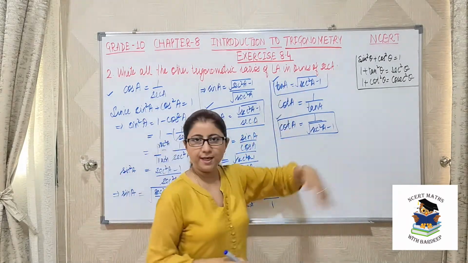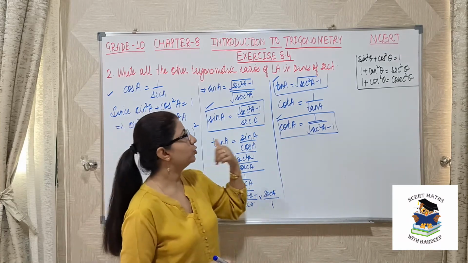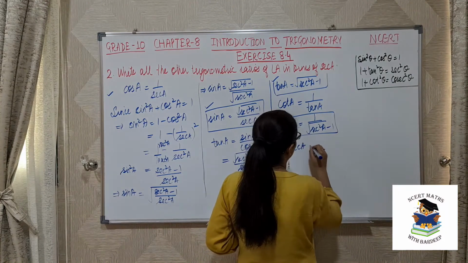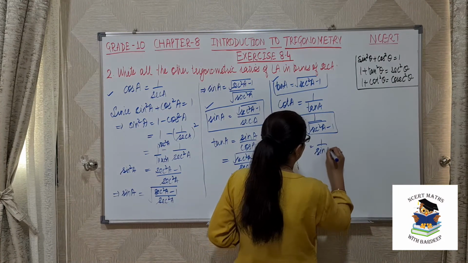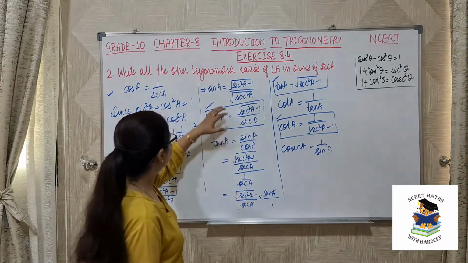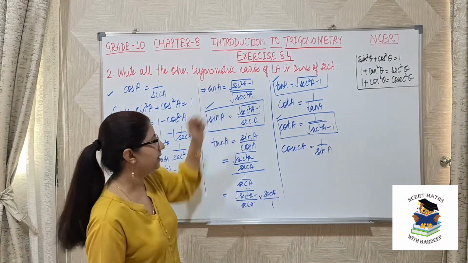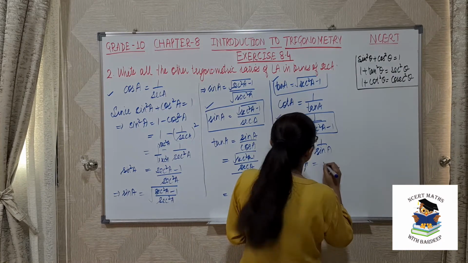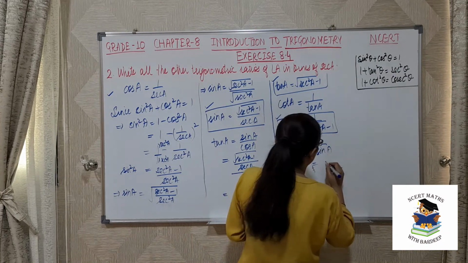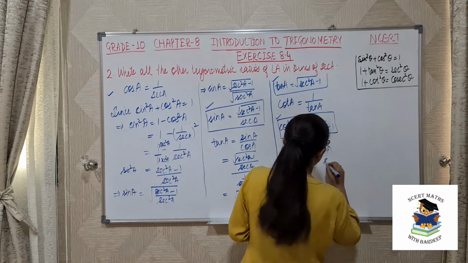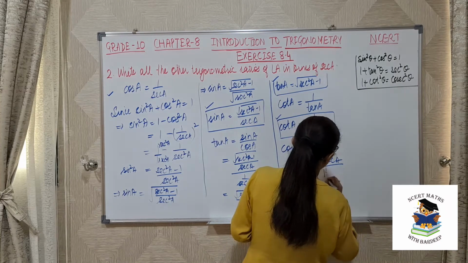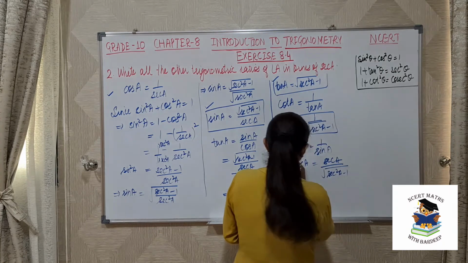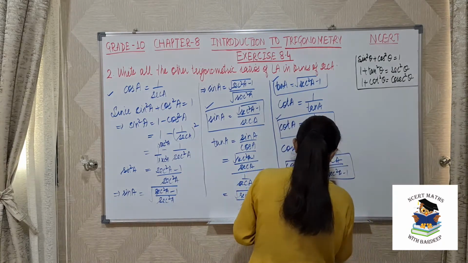That is not needed because everything is coming in terms of secant A. So last is cosecant A. How to find cosecant A? This is the reciprocal of sin A. And what is sin A? This value, just do the reciprocal. So cosecant A is equal to, see, the reciprocal of this thing. So secant A will come up and square root of secant square A minus 1 will be in the denominator.